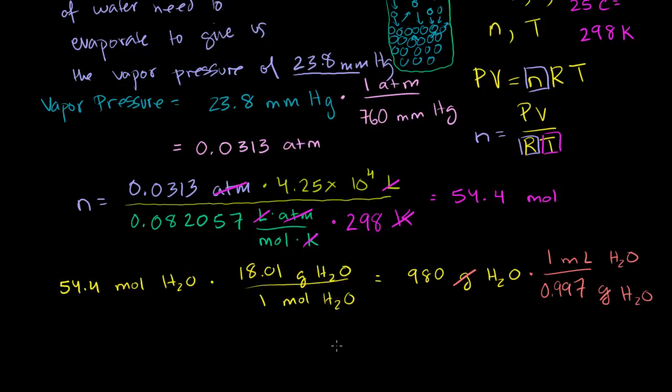So this is equal to 983. That and that canceled out. So 983 milliliters of H2O. So we've figured out, using the ideal gas law, that at 25 degrees Celsius, which was 298 Kelvin, 983 milliliters of H2O will evaporate to get us to our equilibrium vapor pressure.